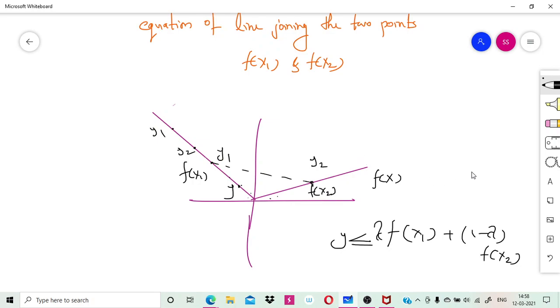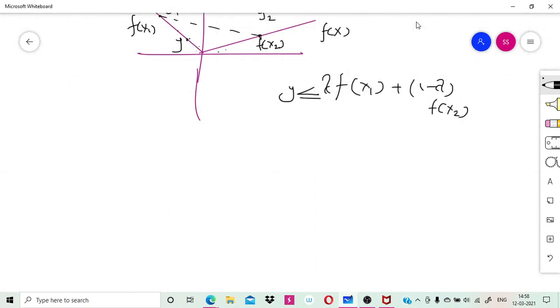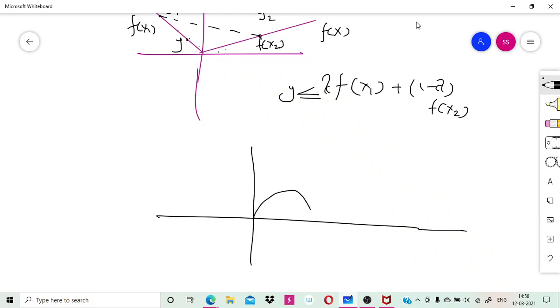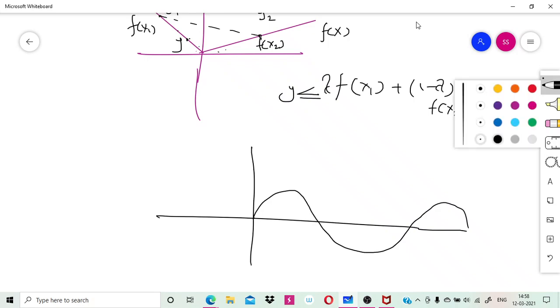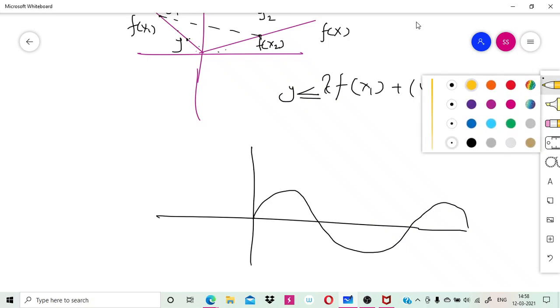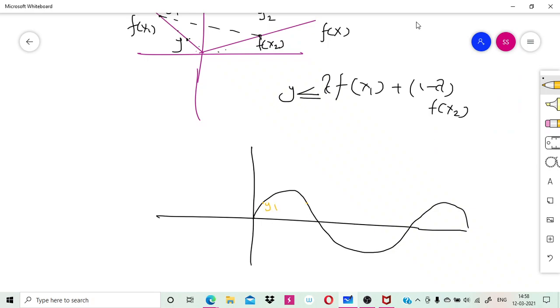Next, if you consider a sinusoidal waveform, let us examine whether a sinusoidal waveform is a convex function or not. Like this we have the sinusoidal waveform. I am considering 2 points on this sinusoidal waveform, here it is y1 and here it is y2, and I am joining these 2 points by a straight line.